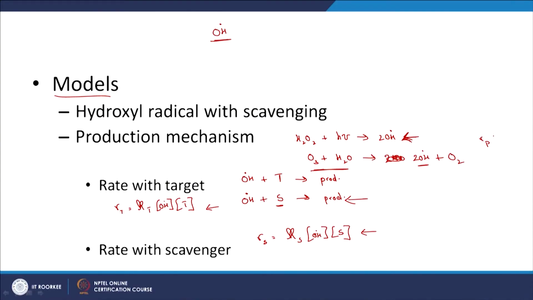I want to play around with my equations so that I get the relevant information I am looking for, which is how to approximate or model the rate of the target in terms of the rate of production. From these reactions I can calculate the rate of production of my hydroxyl radical, but I want to understand the rate at which the target is going to be removed by the hydroxyl radical.